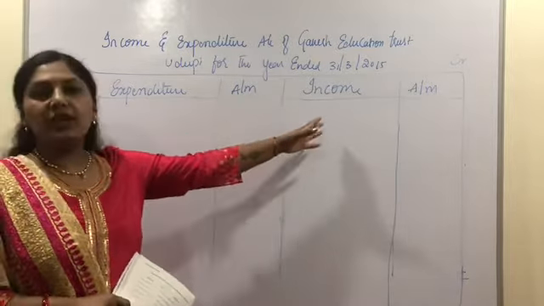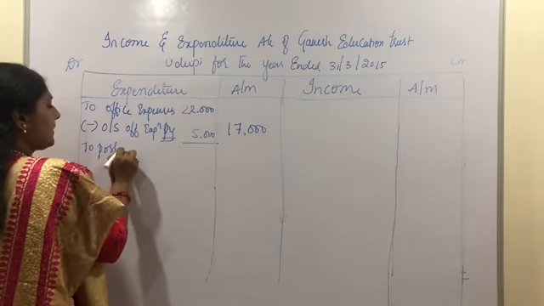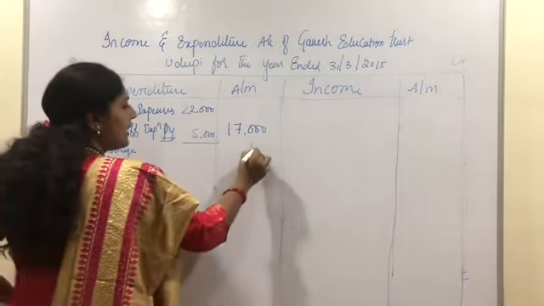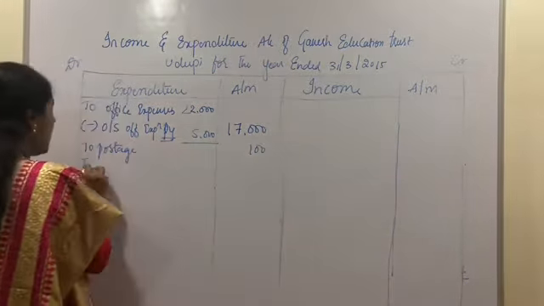After the office expenses, the next expenditure is postage. So to postage, rupees 100, and then we have printing, to printing. The balance of printing according to the problem is 500.